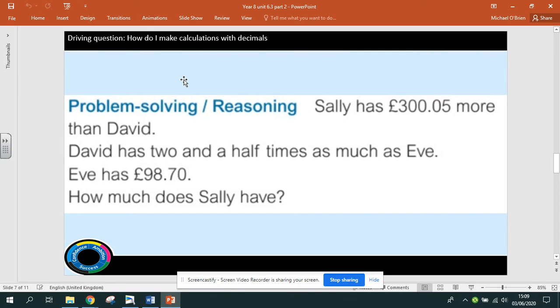Eve has £98.70. How much does Sally have? Okay, so we need to try and work out everything here. So pause the lesson and return back when you're ready.